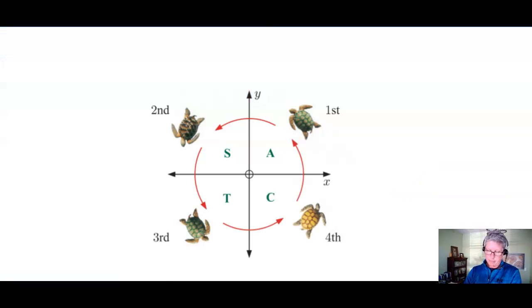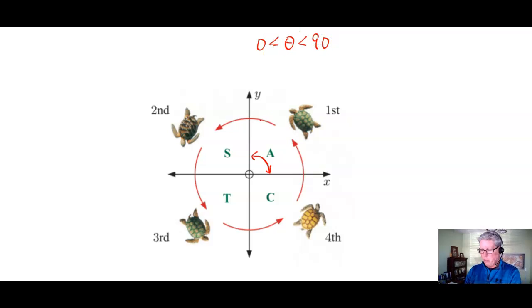Very cool. All right, so speaking of positivity and negativity, what we want to do here is decide, if the angle is between 0 and 90 degrees, it would be right in here. Okay, so 0 less than theta less than 90.